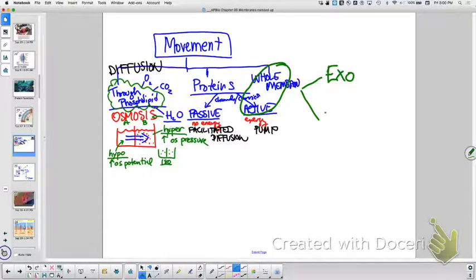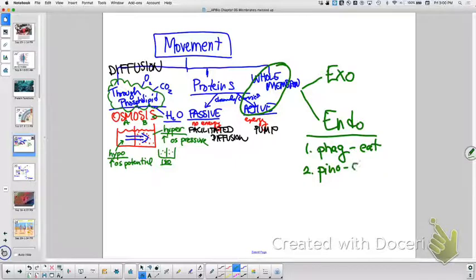Exocytosis and endocytosis. Now, endocytosis had how many? 3 types. What were the 3 types of endocytosis? Phagocytosis, which is cell eating. What was the next one? And then what was the last one?